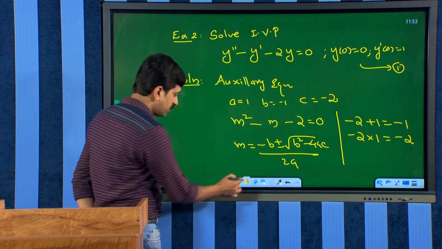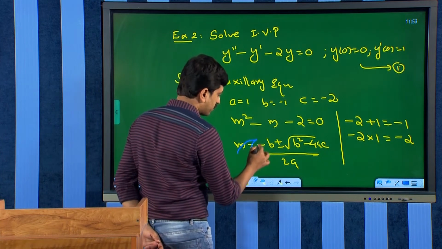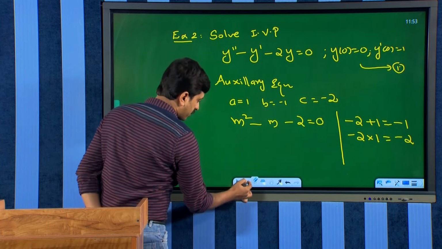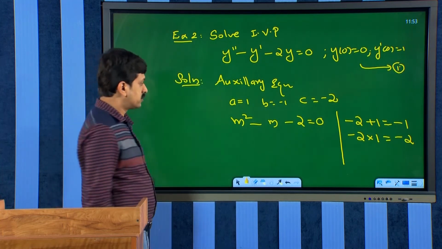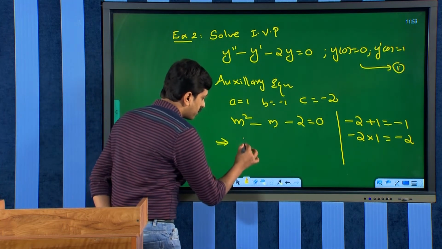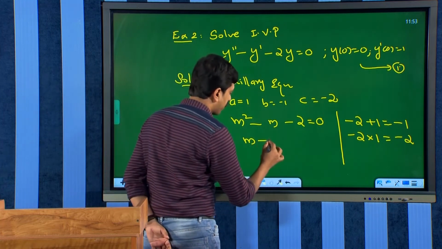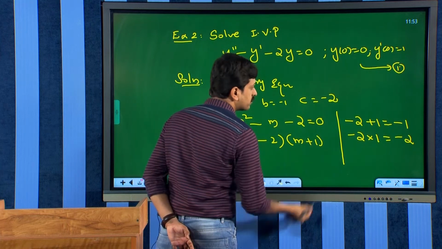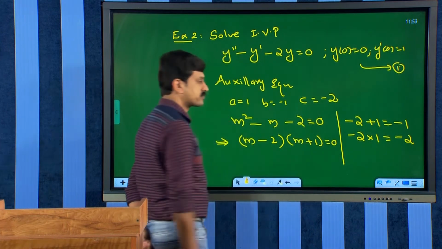So this equation can be factorized as m minus 2 into m plus 1 equal to 0.